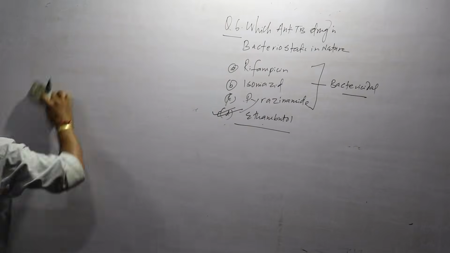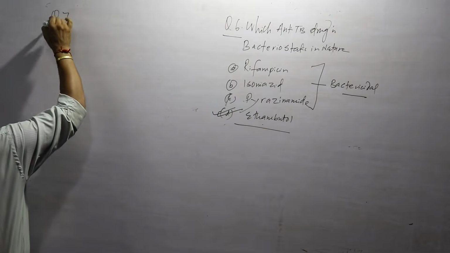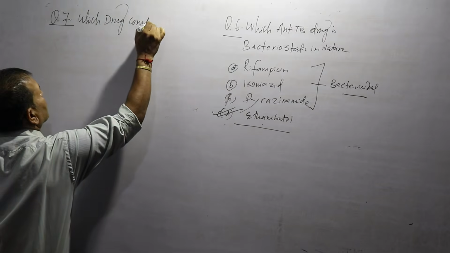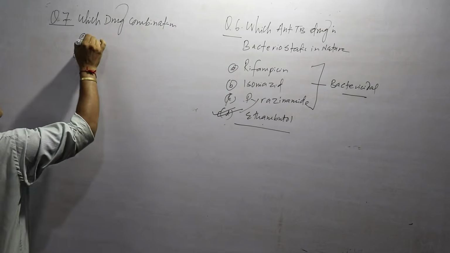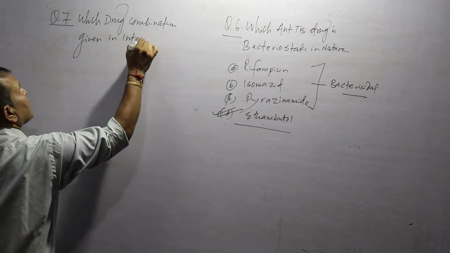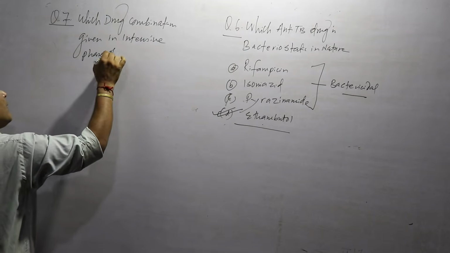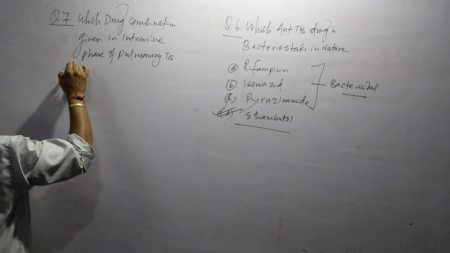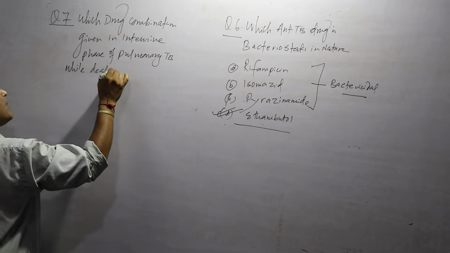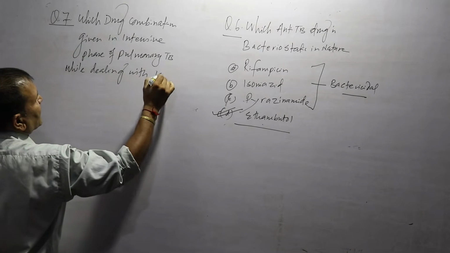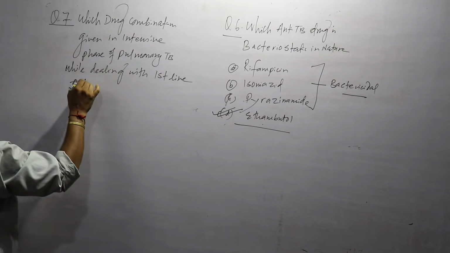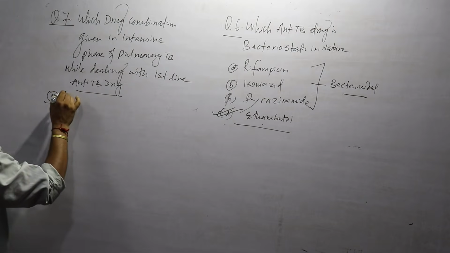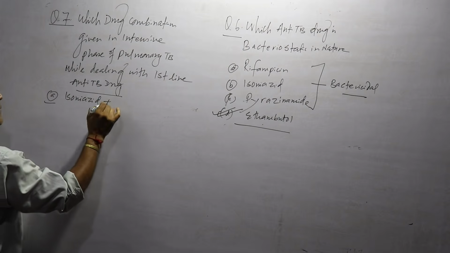Question number 7. Which drug combination is given in the intensive phase of pulmonary TB while dealing with first line anti-TB drugs? Option A, isoniazid, rifampicin.